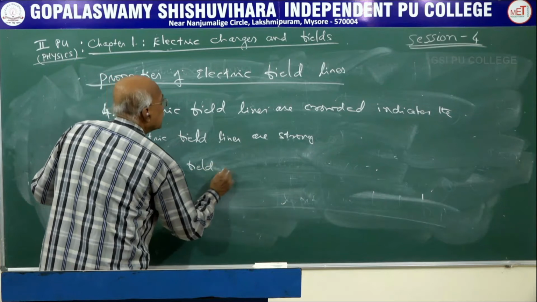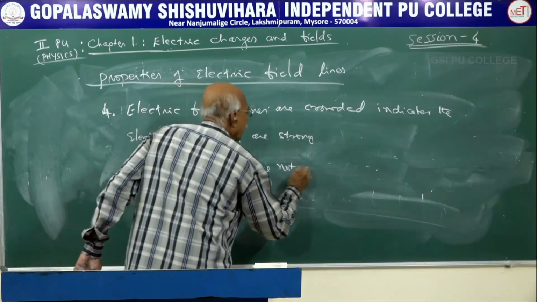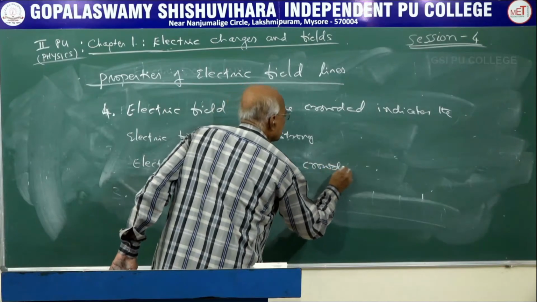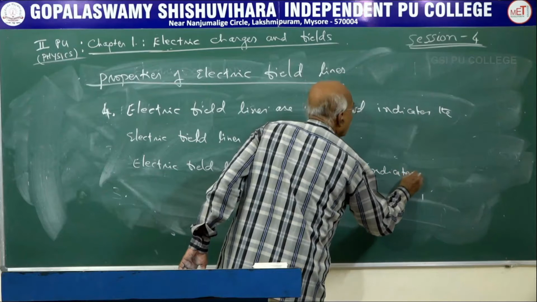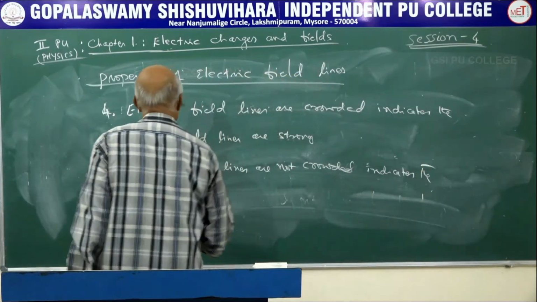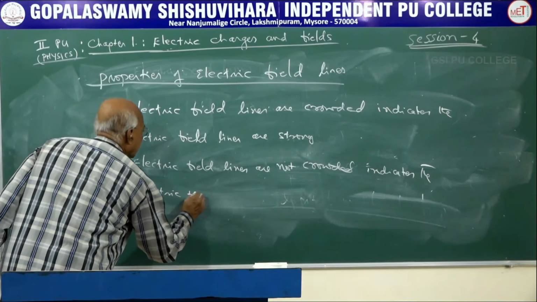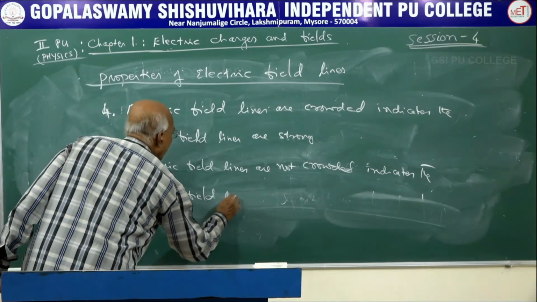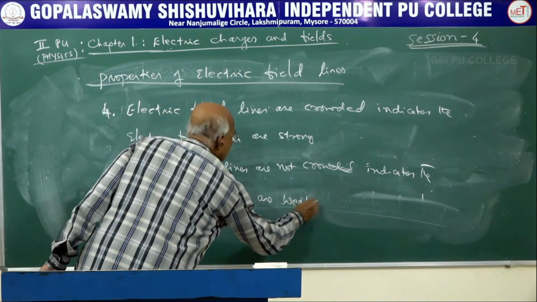Electric field lines are not crowded indicates the electric field is weak.